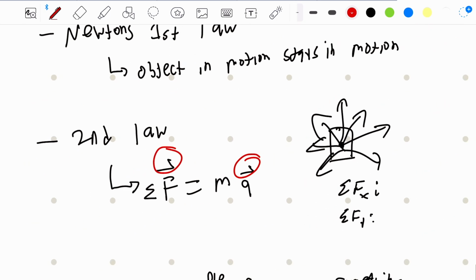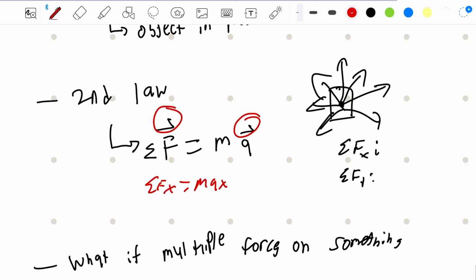You can break this down into the sum of forces in the x direction is equal to m a_x, and the sum of forces in the y direction is equal to m a_y.